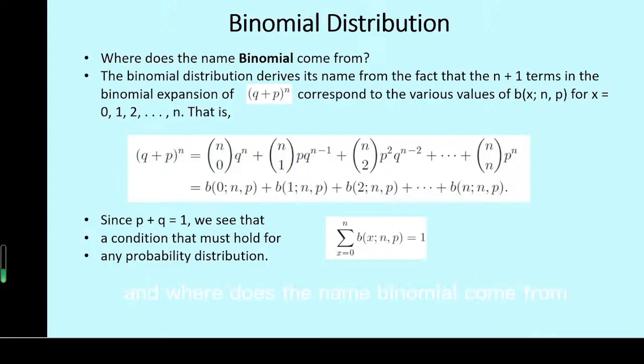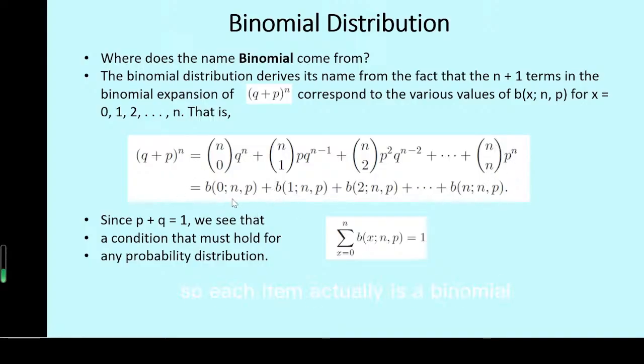And where does the name binomial come from? The binomial distribution derives its name from the fact that n plus 1 terms appear in the binomial expansion of (q + p) to the power n. So if we make the expansion of (q + p)^n, it is nC0 q^n plus nC1 p^1 q^(n-1) and so on up to nCn p^n.